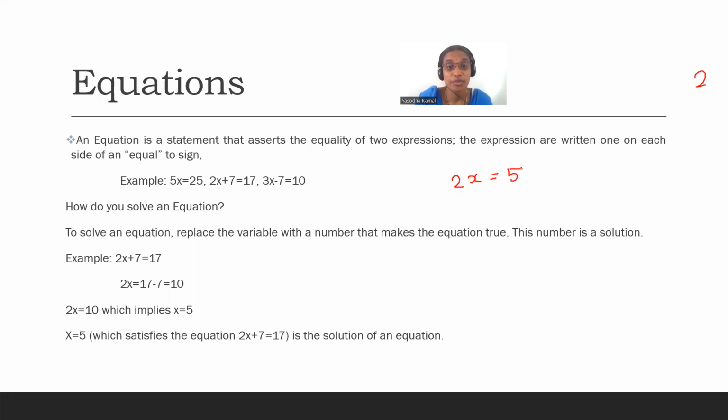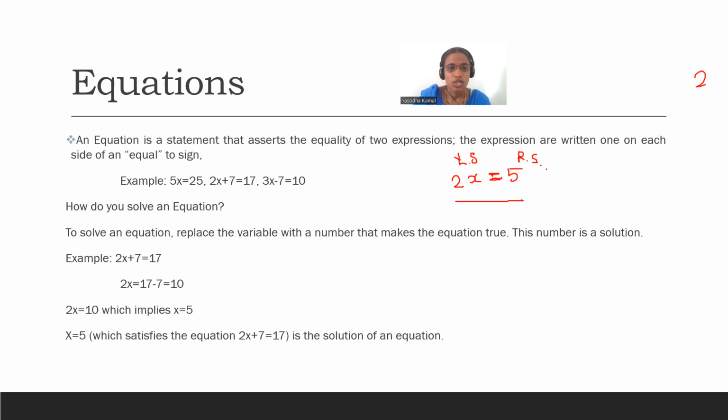So this is an expression of a statement. The equality between the two expressions, connected with an equal sign, is said to be an equation. The side to the left of the equal sign you read as the left hand side, and this one as the right hand side. How do we solve this equation?